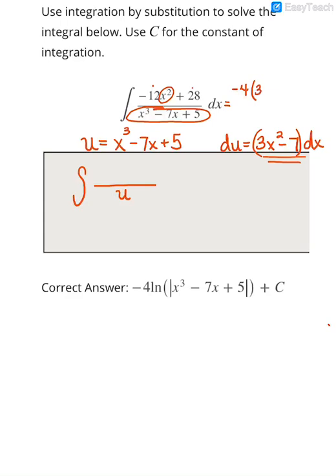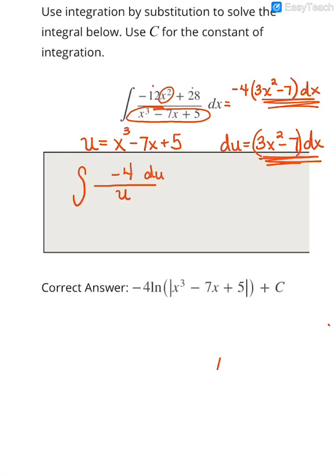If we factor that out, that leaves us with a 3x squared minus 7, and then, of course, you have the dx. So the negative 4 is part of the original problem. In place of this, notice we're just putting in the du. So we've made our substitutions.